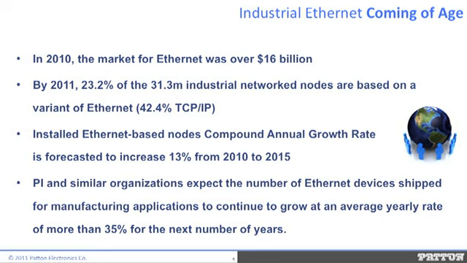The compound annual growth rate of installed Ethernet-based nodes is now forecasted to increase 13% from 2010 to 2015. Organizations such as Profibus International expect the number of Ethernet devices shipped for manufacturing applications alone to continue to grow at an average yearly rate of more than 35% over the next few years.